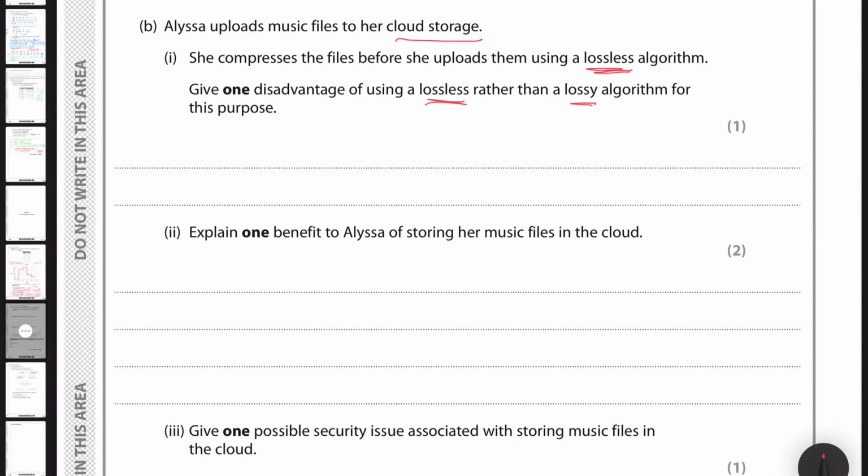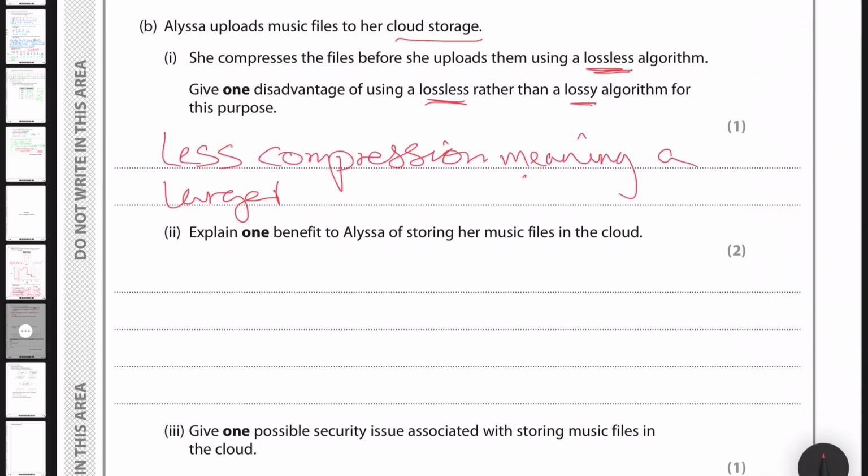Well, lossless, they're not going to compress by that much. It's basically less compression, meaning a larger file size. So obviously that's going to take up more space on a disk, and it's going to take longer to transfer that data or save that data to the cloud.